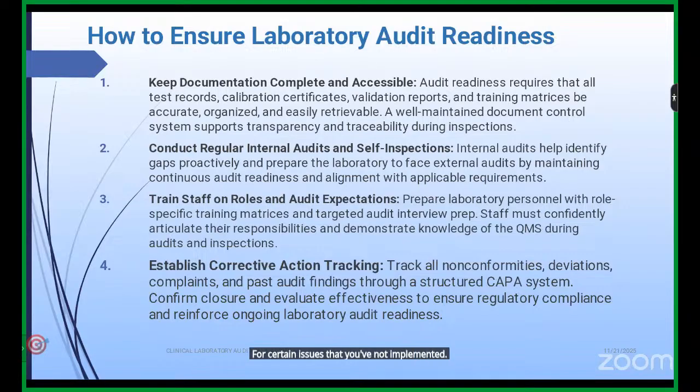Record keeping is also key, because keeping documentation complete and accessible is very important. The system for audit should actually be kept in our systems, not as a separate document altogether.